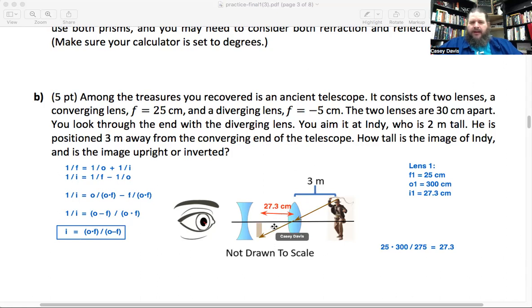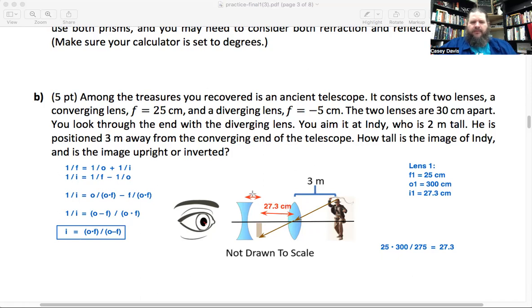And then how would we find the distance, since we're treating that image as the object for the second lens, from there to the second lens? We have the distance between the two lenses, 30 centimeters apart. So D equals object 2 plus image 1.